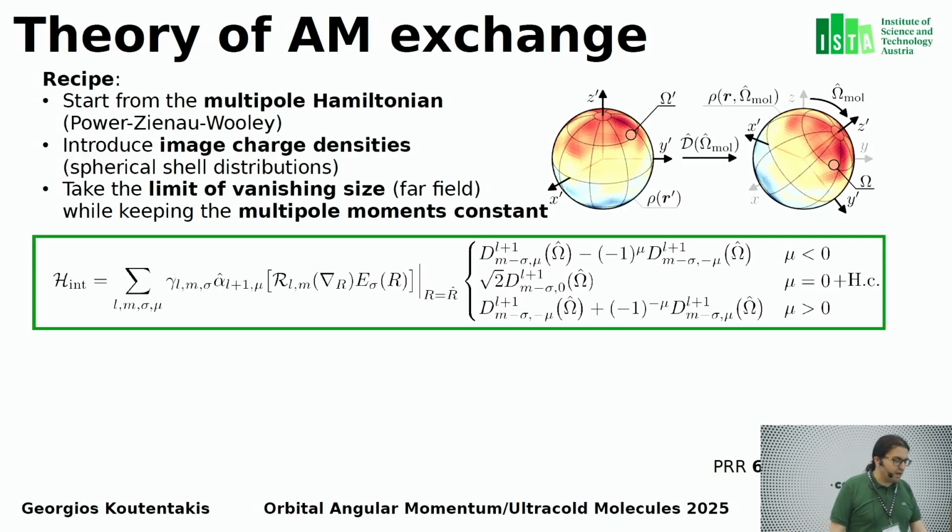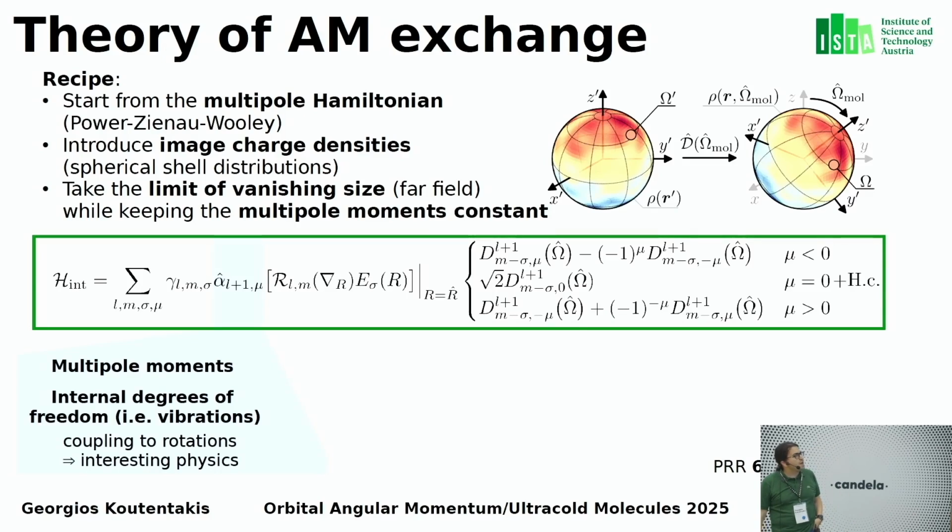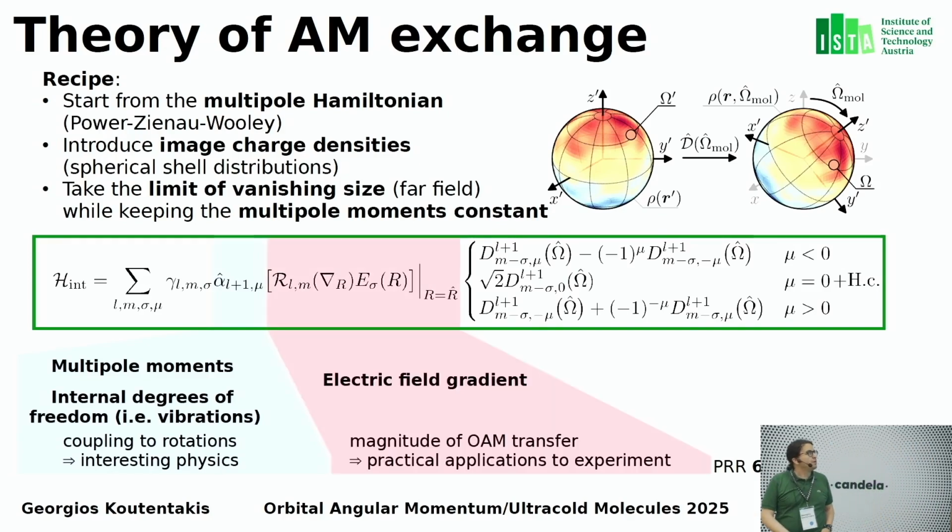And from this we arrive at what I call the Maslov Hamiltonian. This looks very complicated, but it has extremely good properties. Why? Because it separates the interaction into three terms. First are the multipole moments measured in the reference frame of the molecule, and this accounts for the internal degrees of freedom and the transition multipole moments. The field comes completely parametrically in terms of its gradients.